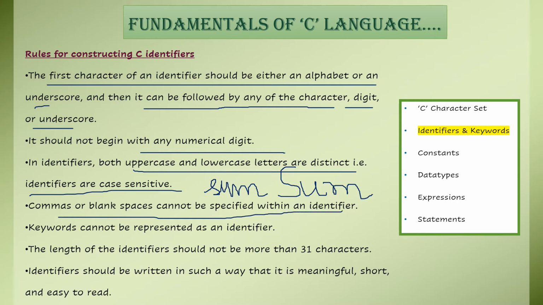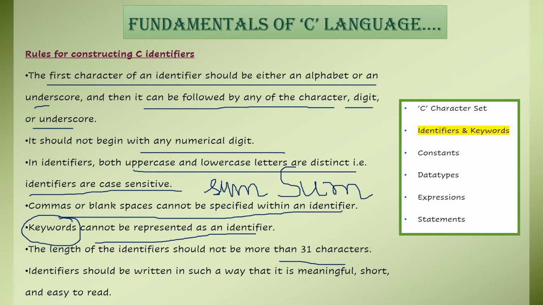You cannot use commas. Keywords cannot be used as an identifier because keywords are special words or reserved words whose meaning is already known to the compiler. The length of the identifier should not be more than 31 characters. Identifiers should be written in such a way that they are meaningful, short, and easy to read.